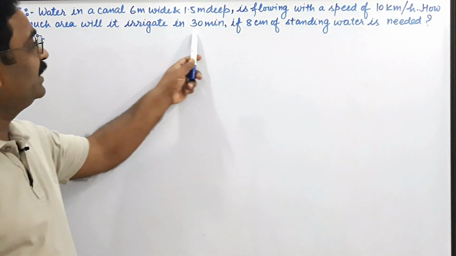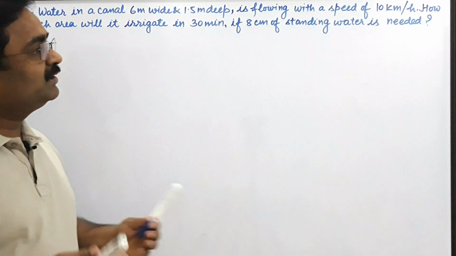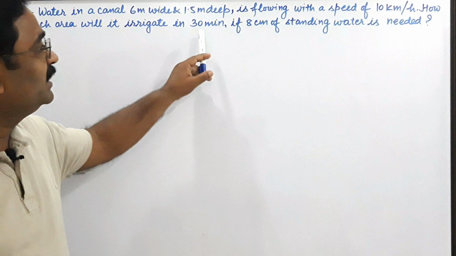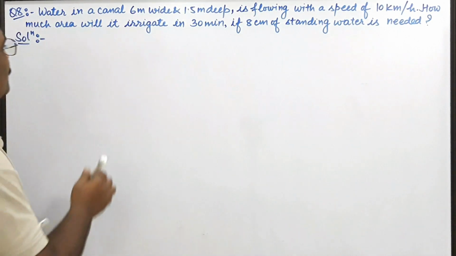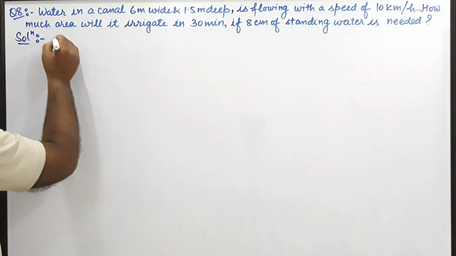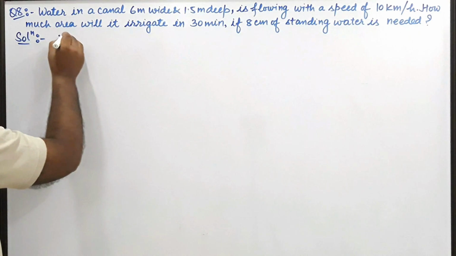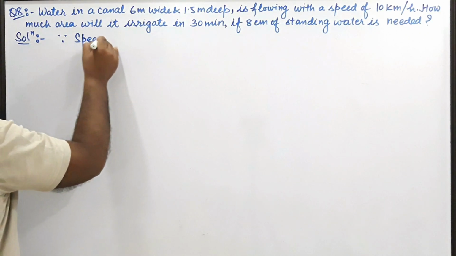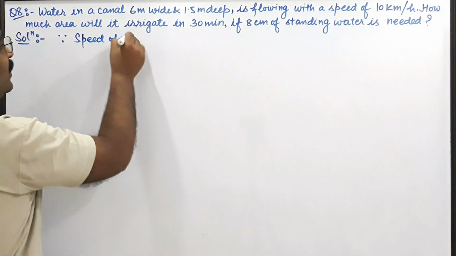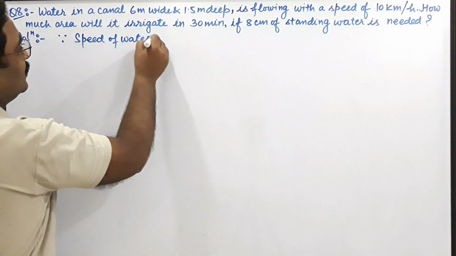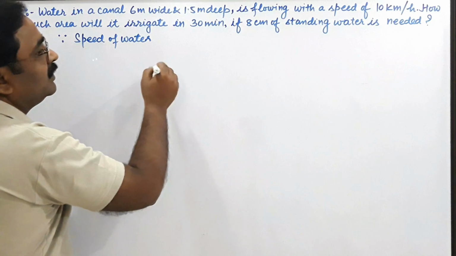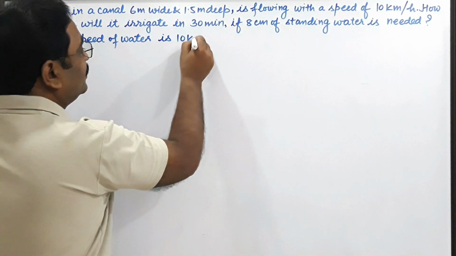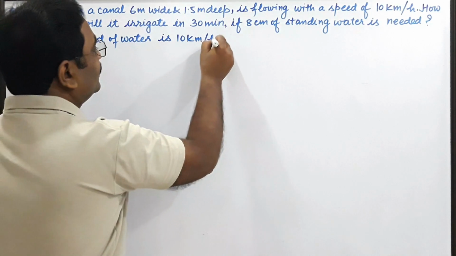Then we have to find out how much water is flowing, what is the distance of water flowing in 30 minutes. Okay. So since in the solution, just see this, since speed of water is 10 km per hour.